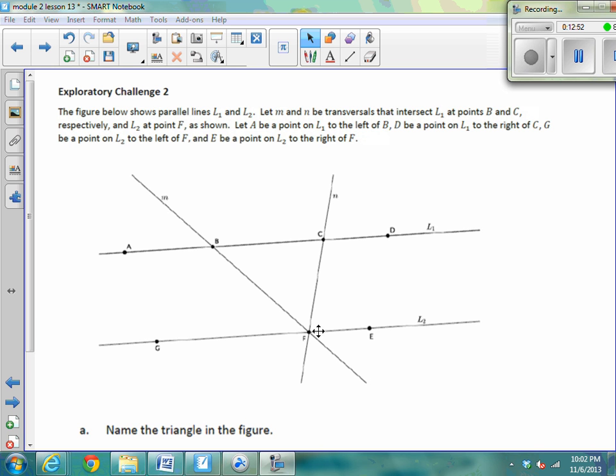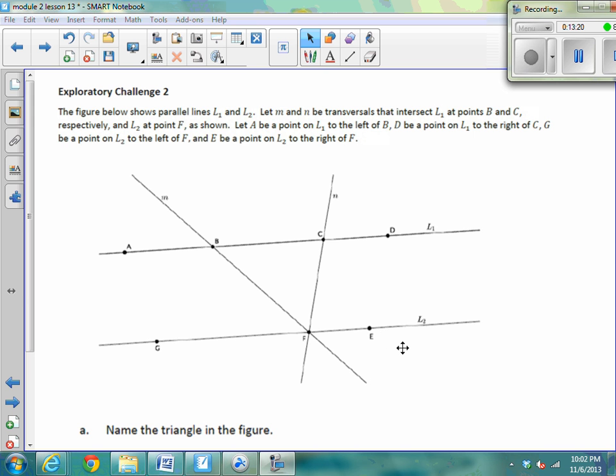And line 2 has point F here. And we have A on line 1 and to the left of B, and we have point D on line 1 to the right of C, and we have point G on line 2 to the left of this point here, and we have E on line 2 to the right of F.